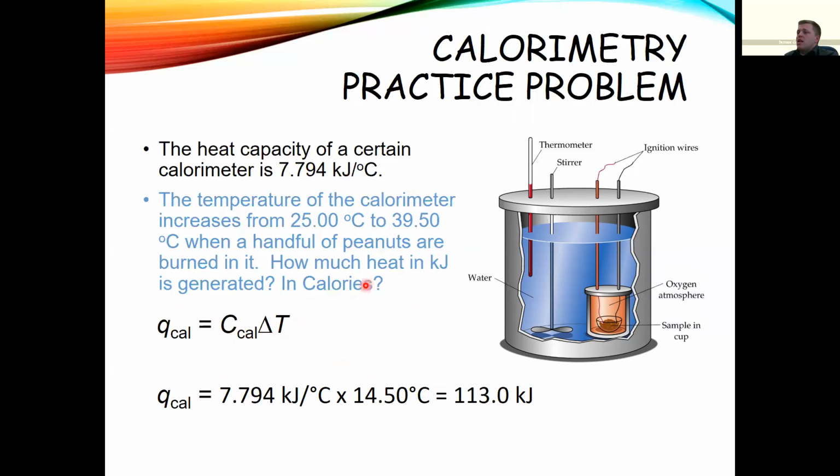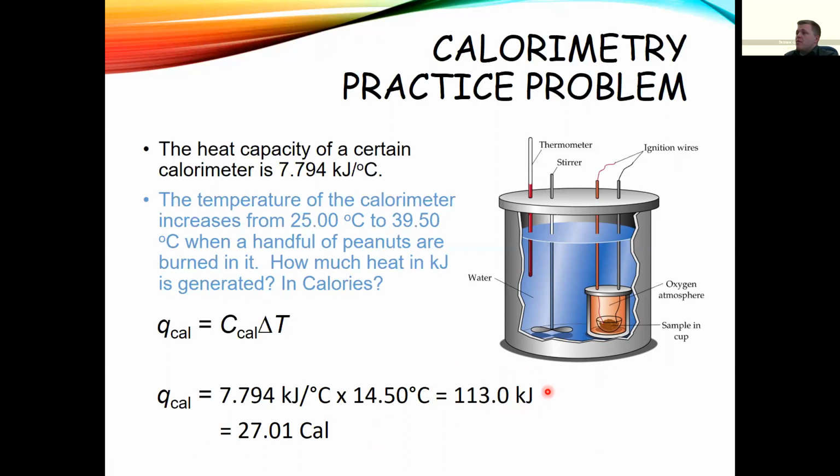Now I also wanted that in calories, so we're going to have to divide this number by 4.184 to get us 27.01 calories. Now some of you might be asking, well, I thought 4.184 was for going from joules to calories. Well, you're right.